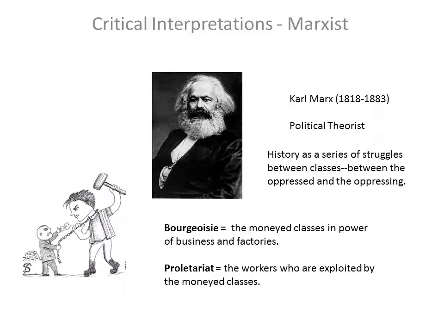So he sees the history of society as a struggle. Two words that are really important in talking about Marx sound very complicated, but they're really not. The first is the noun bourgeoisie, a term he used to describe the moneyed classes in power of business and factories. He called that the means of production: those people who owned the factories that built and made things. Looking back in society, it would have been the king and his noblemen, the landowners.